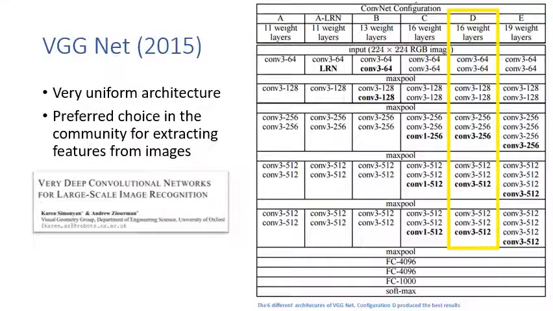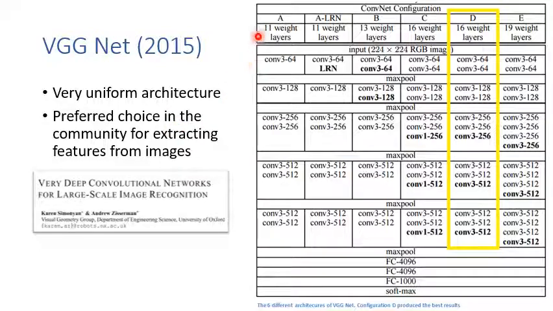Another important CNN network is VGGNet, proposed in 2015. It's a very uniform architecture. VGG is proposed by the Visual Geometry Group, the VGG group in Oxford. It's a very large network. It contains many parameters, so it's a preferred choice to extract features, mainly due to the large number of parameters.